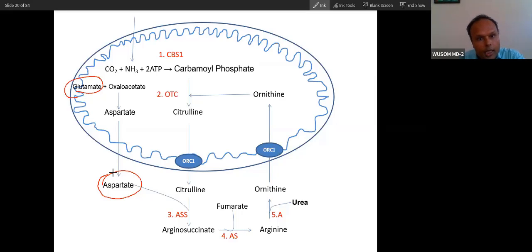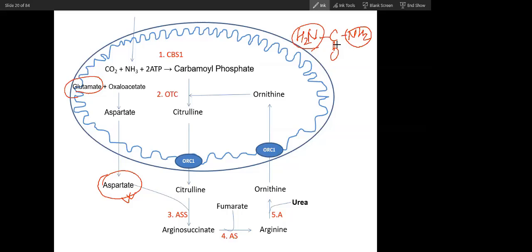So the ultimate source of both amino groups in urea is glutamate only, but we are talking about the immediate source. One immediate source is oxidative deamination, and the second immediate source is aspartate. So you have to remember these two things. And this is carbon dioxide.